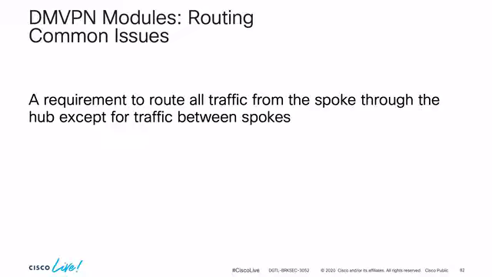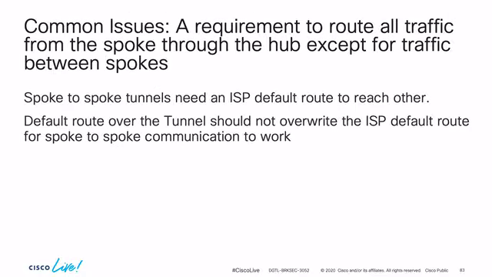Okay. So some of the problems with trying to make sure that this requirement is met, which we ran into, is that spoke-to-spoke tunnels need an ISP default route to reach each other.